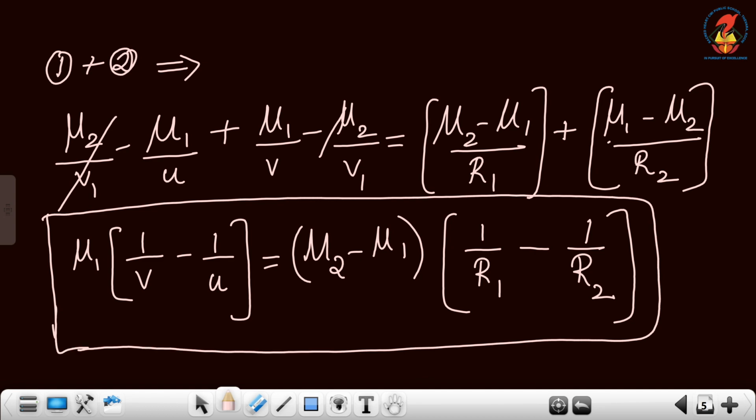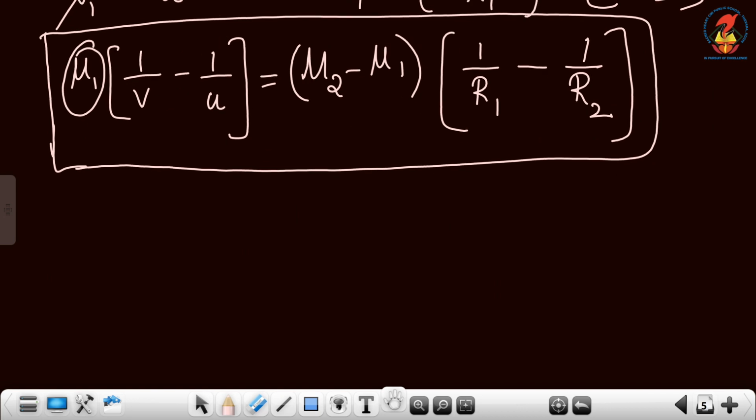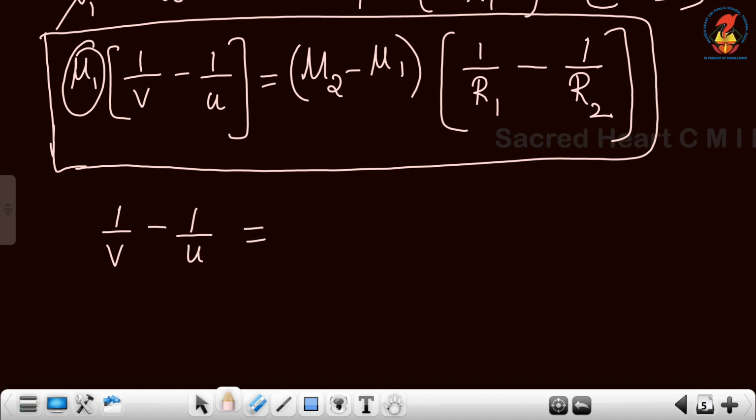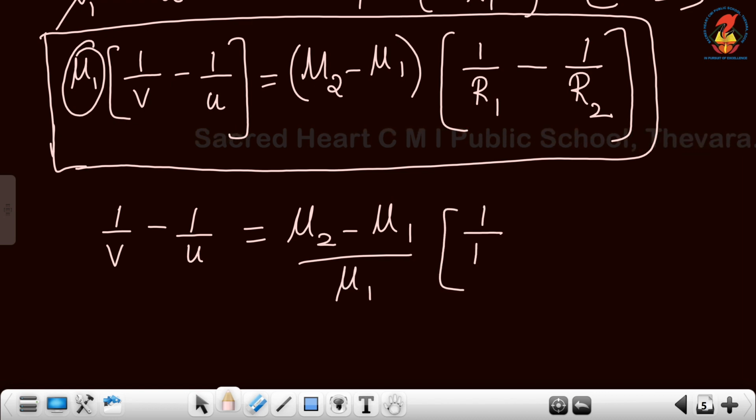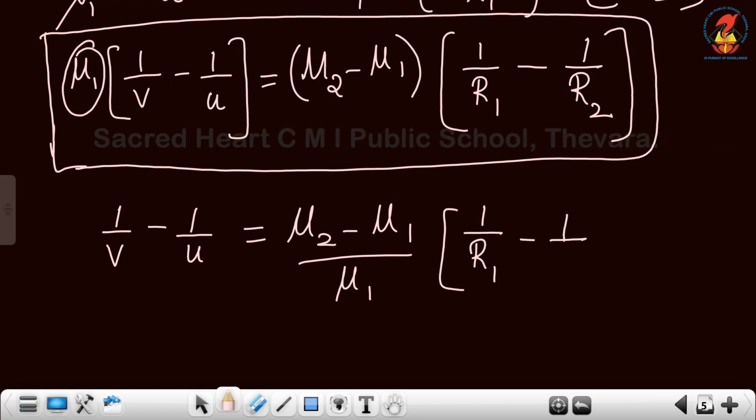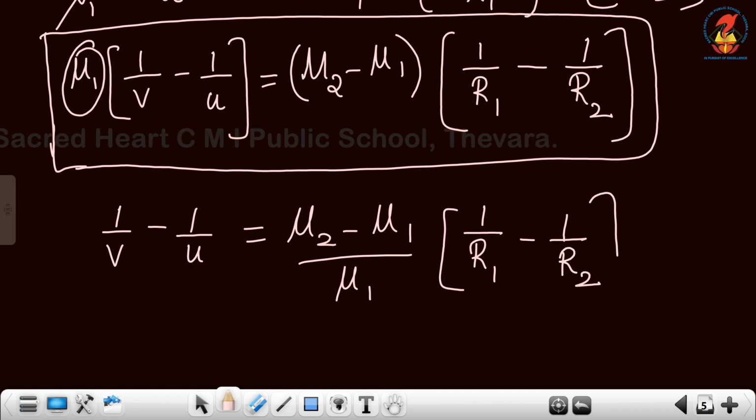Or I am going to take mu1 to the other side, I will get the equation as 1 by V minus 1 by U equal to mu2 minus mu1 by mu1 into 1 by R1 minus 1 by R2.